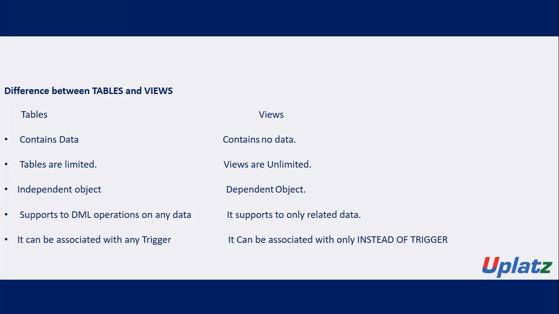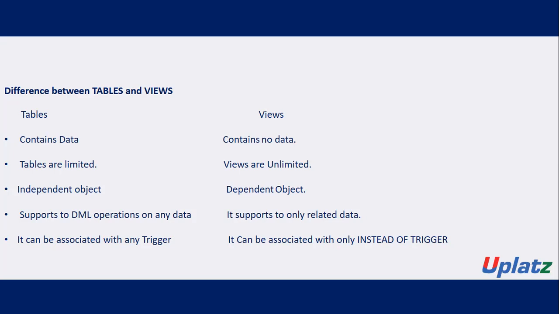Independent object. A table is an independent object. A table does not depend on any other objects in the database. A table is completely independent, because when we create any procedure or function, in the procedure or function we use the tables, whereas tables do not use any procedure or functions.